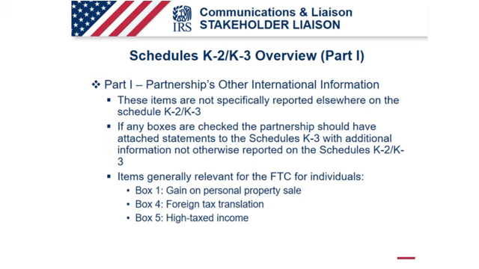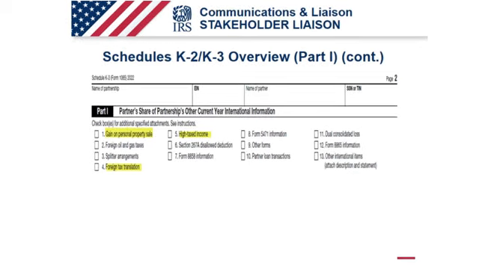We'll start with Part 1. Part 1 requires a partnership to report items that are not specifically reported elsewhere on the Schedules K-2 and K-3. If any boxes are checked on Part 1, the partnership should have attached statements to the Schedule K-3 with additional information not otherwise reported on the Schedules K-2 and K-3.